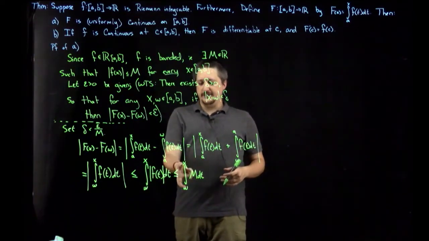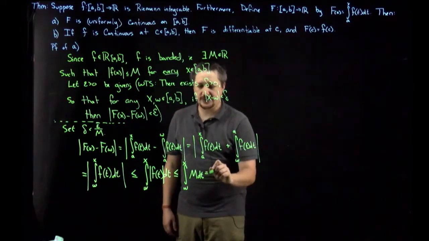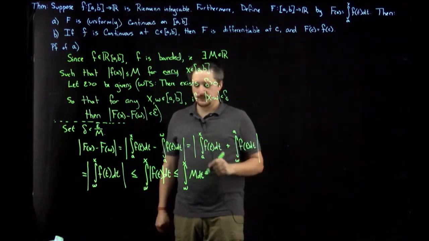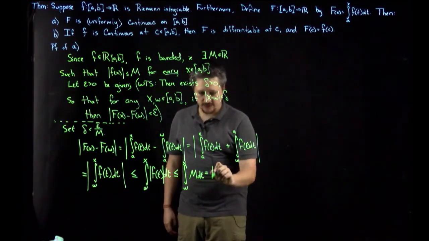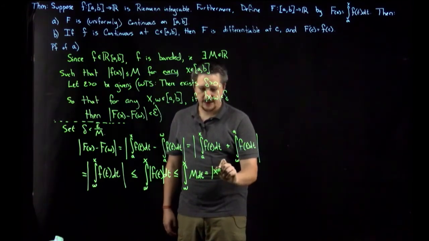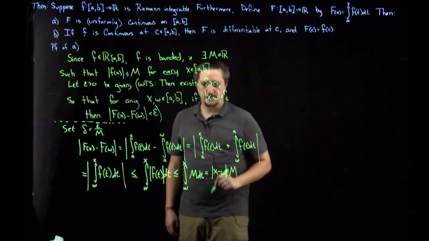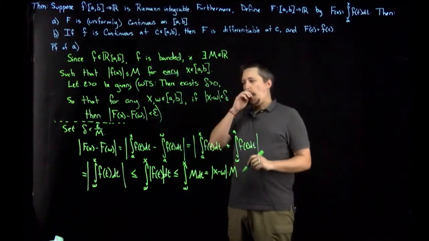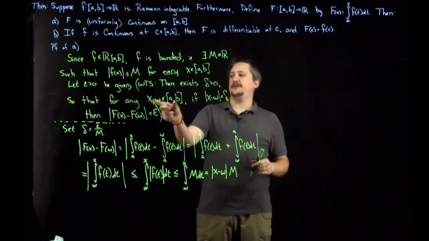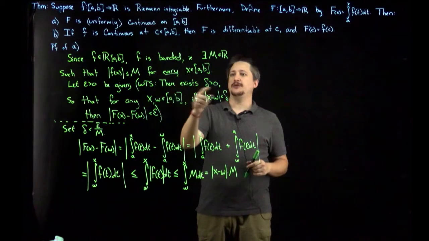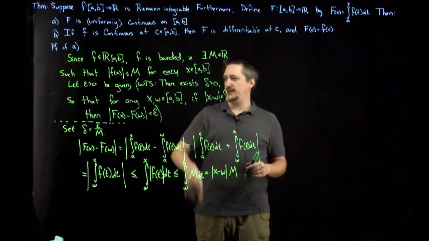And now I have a constant integrated over this interval range. So this is just equal to, let me do this, the distance between x and w times M. Now, as a comment, x and w are both dummy variables, which is actually important, right? Because the whole point is I had to choose delta before I chose the x and w, right?